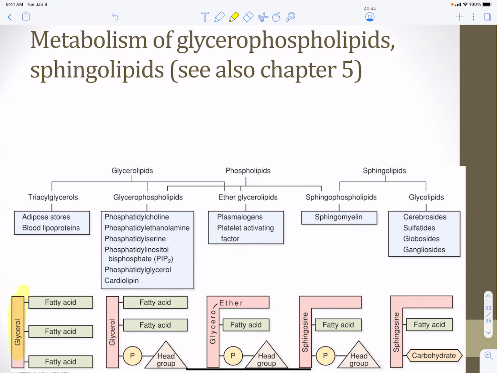We have our different glycerol phospholipids, and that head group again can be a choline, ethanolamine, a serine, an inositol, glycerol, or it can be a cardiolipin. We have our ether glycerol lipids, which include our plasmalogen, platelet activating factor, and this contains an ether group, and depending on the different head group, it's going to be the different factors.